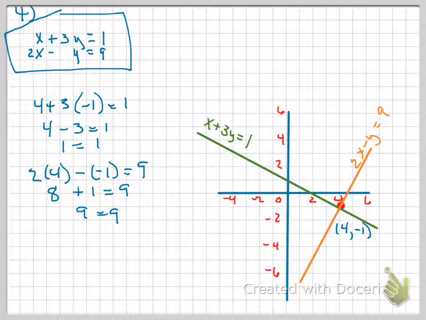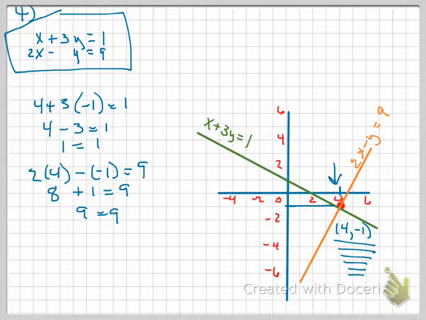So again, looking at this graph that they already give, you just find where both lines meet, where their coordinates meet. And we see that they both meet at an x of 4 and a y of negative 1. So we have the coordinates 4, negative 1.